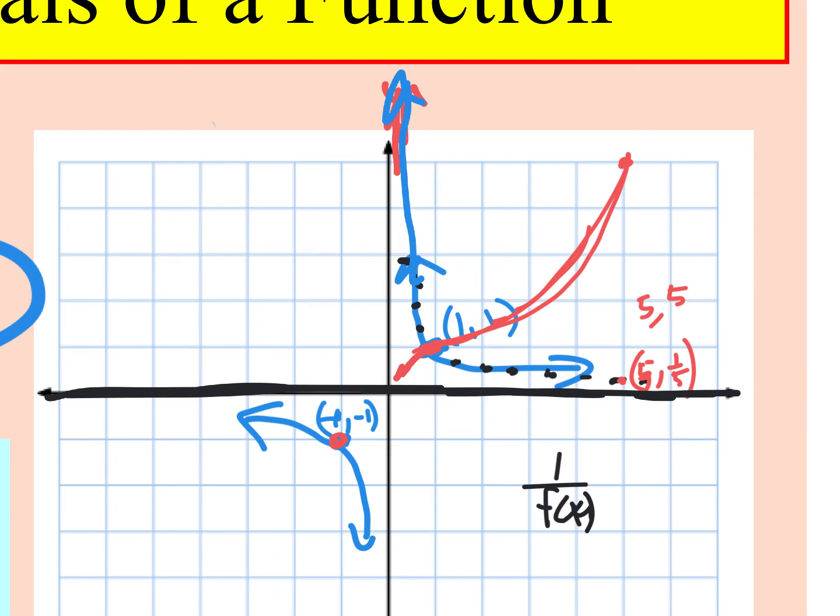All right, let's do the same thing on the other side. When this gets a really big negative, like -5 or something, then this will get to be a small negative, or infinitely close to 0, but not crossing 0. Okay, and then as this one gets really small, then this one will get really big.